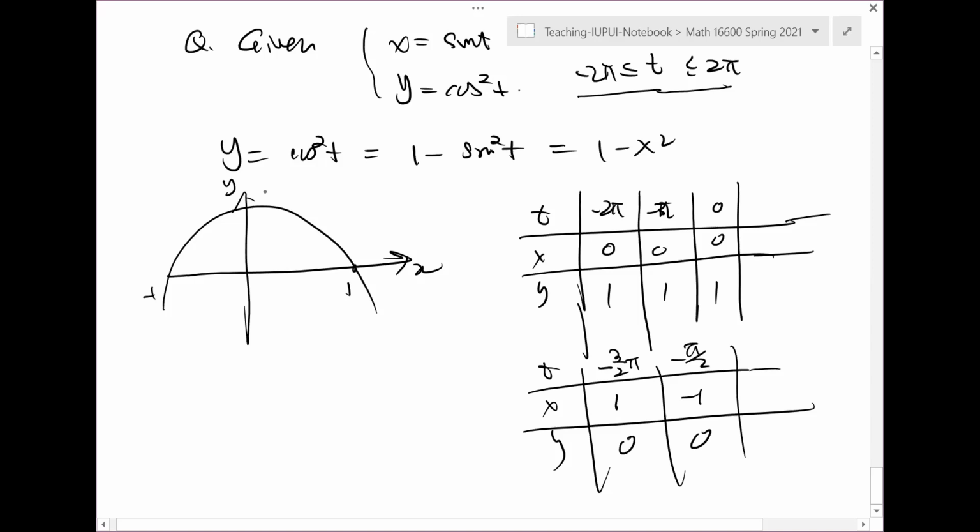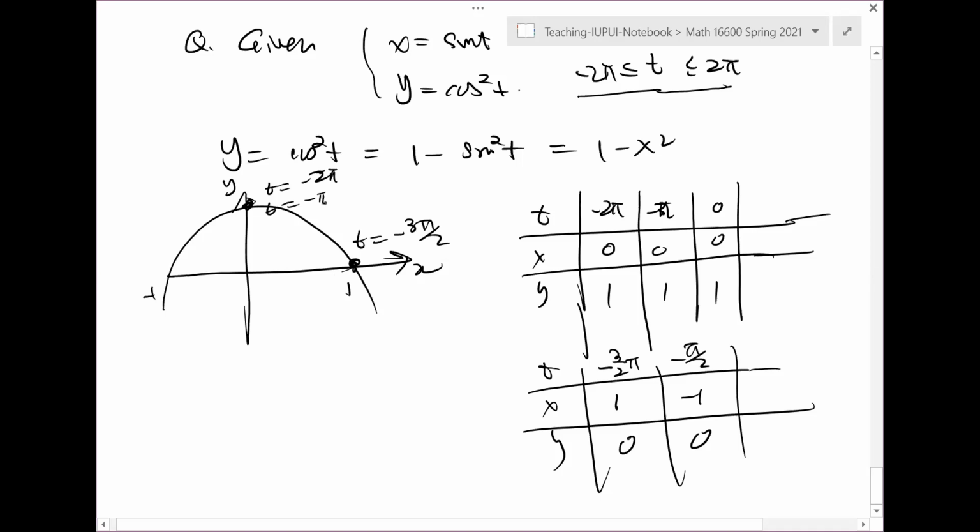So when t equals negative pi over 2, we are here. When t equals negative 3 pi over 2, x is here, right here. When x equals negative pi, I'm back to here.